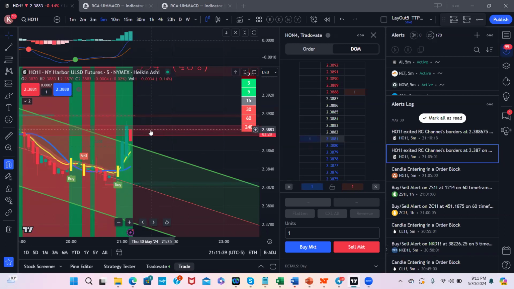There is a strong resistance at the top, so in case we get a sell signal, it will make some nice profits. So this is one opportunity, and then we are waiting for silver and copper.